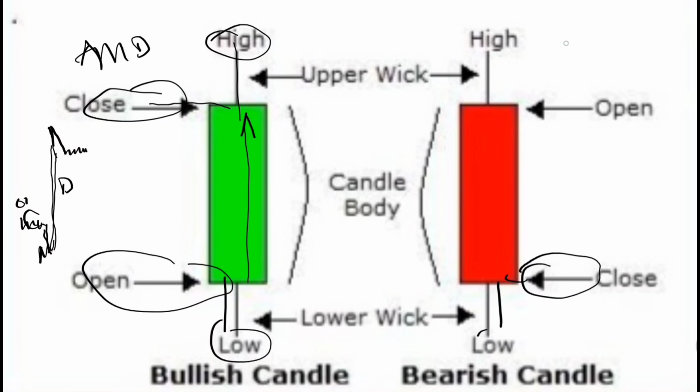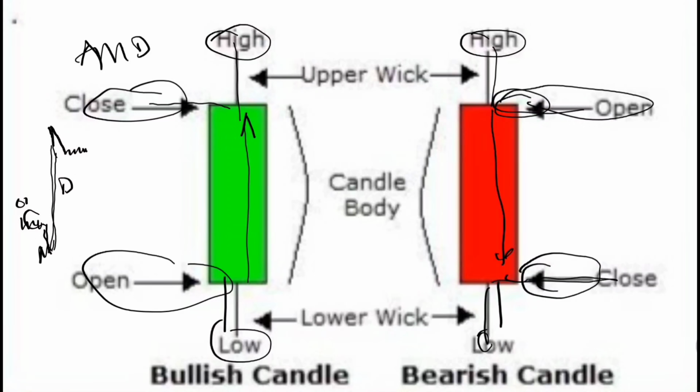For the bearish scenario, the market opens right here, makes the high, and now distributes down to the low, and closes right there. It appears this way. The market opens with the accumulation, trades high with the manipulation phase.